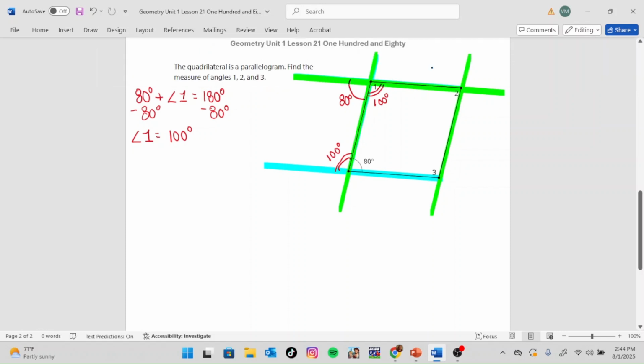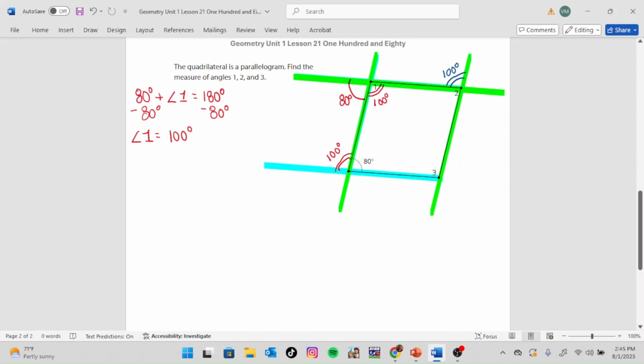So that means if this angle number 1 is 100 degrees, then this angle here is also 100 degrees.